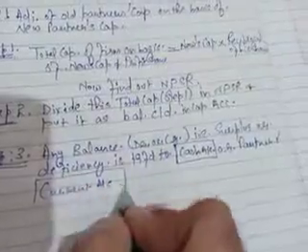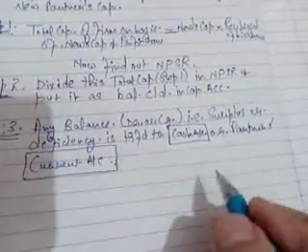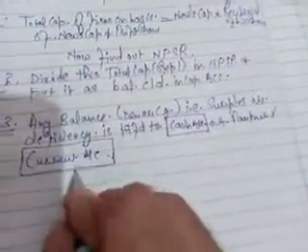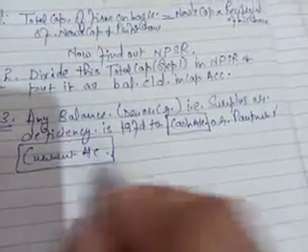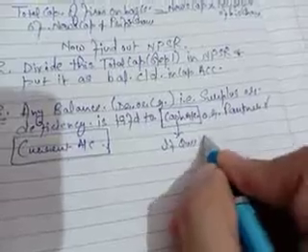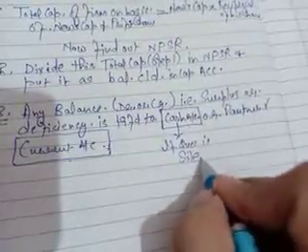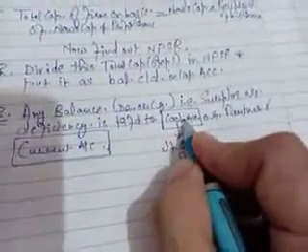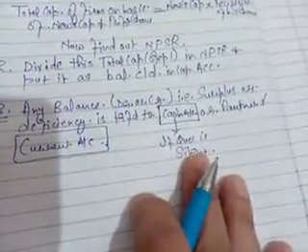It will be stated in the question. The balance is to be introduced in cash, or balance is to be transferred to current account. But by default, if question is silent, we always transfer it to cash account. This is all about the case 1.